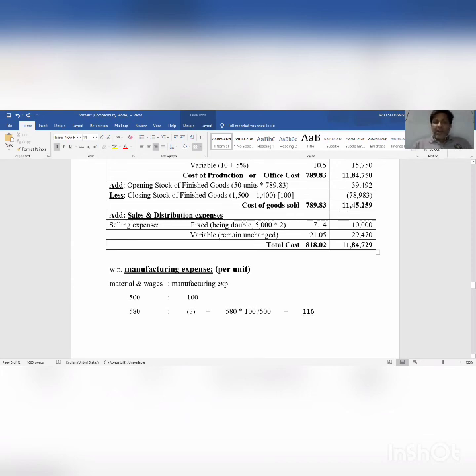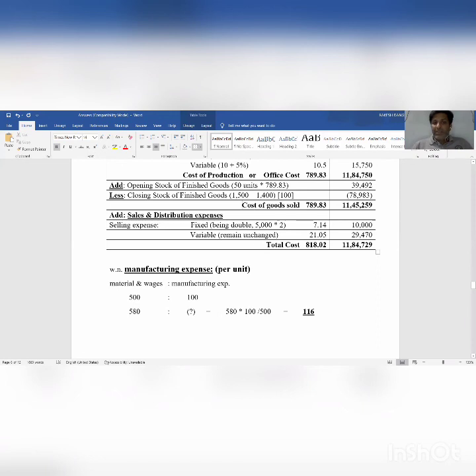Now finally we have to add sales and distribution expense. There is selling expense. In the previous year, there was fixed rupees 5,000 and variable rupees 20,000 in 2016. There is information in number 5, fixed selling expense will be doubled, but variable selling expense will remain unchanged.